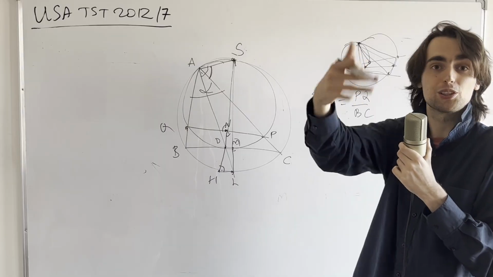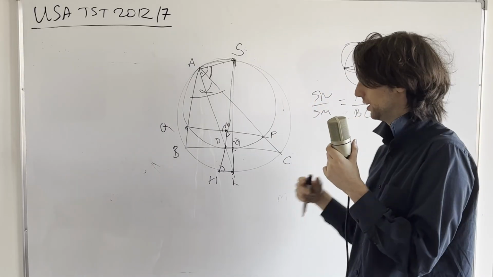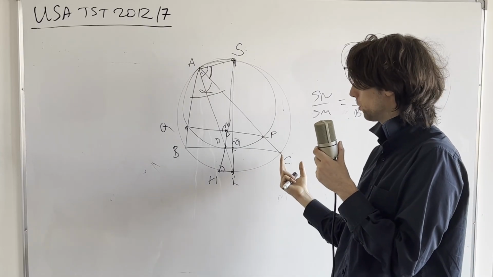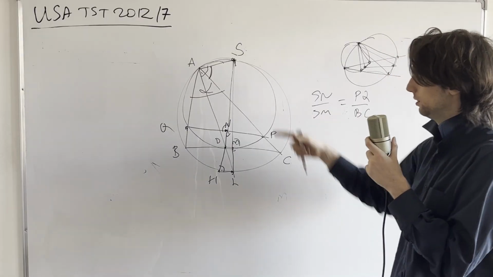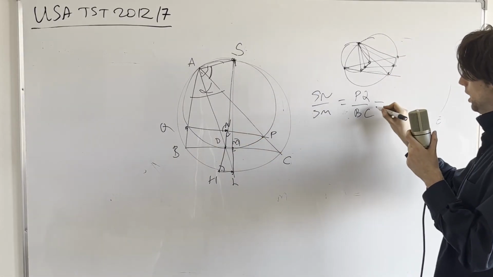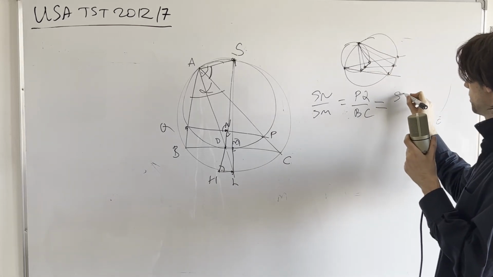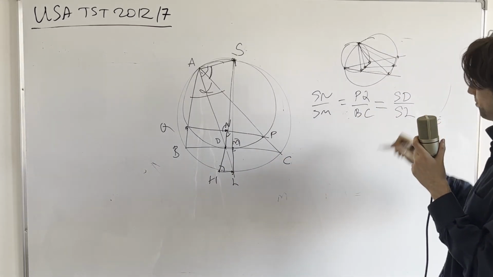I mean, anything that corresponds to one another. And now what corresponds to one another? I'm using this term vaguely. But one thing that corresponds is the diameters. And diameter here, I know diameter of PQ is equal to SD, and diameter here is SL.